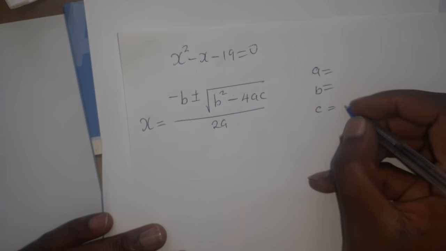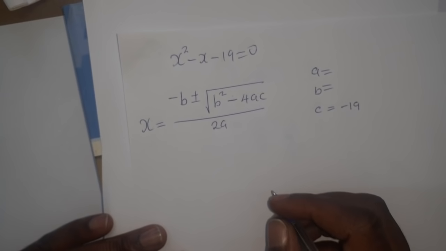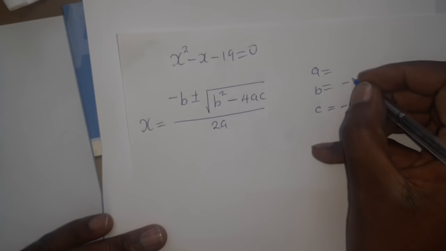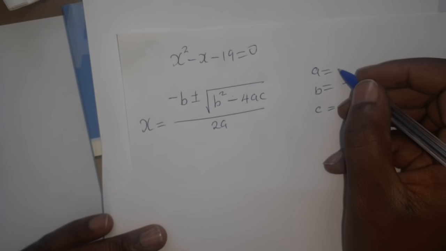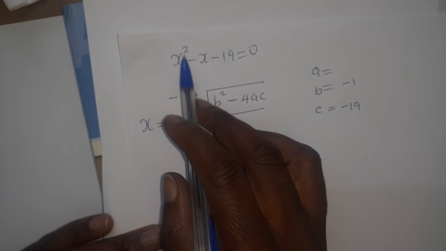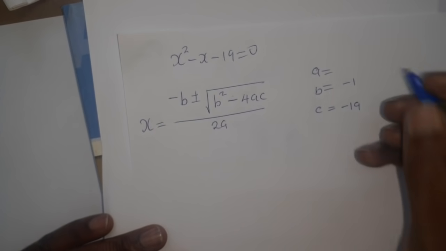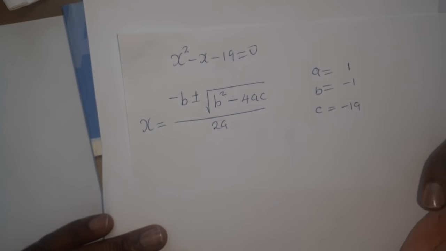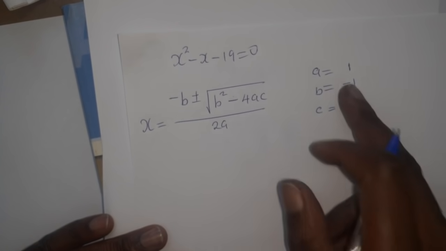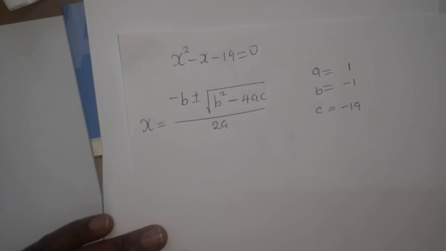So our C there is negative 19. Our B there is negative 1. And our A is the coefficient of the variable that is squared, so it is 1. Our B is the coefficient of this variable, then C is the constant.